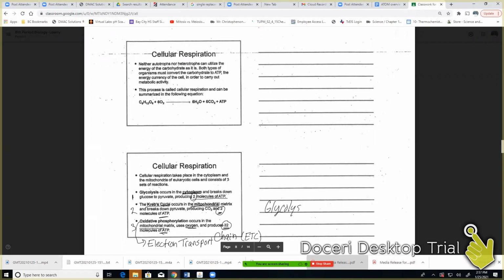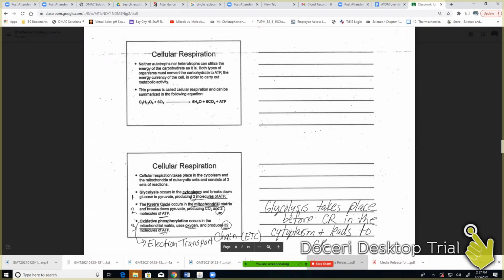Glycolysis takes place before cellular respiration, in the cytoplasm, and leads to cellular respiration.